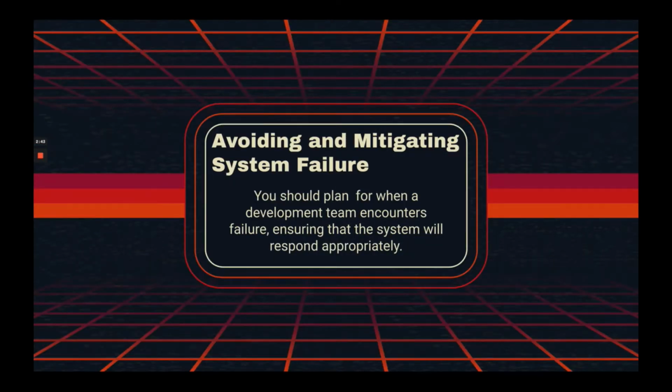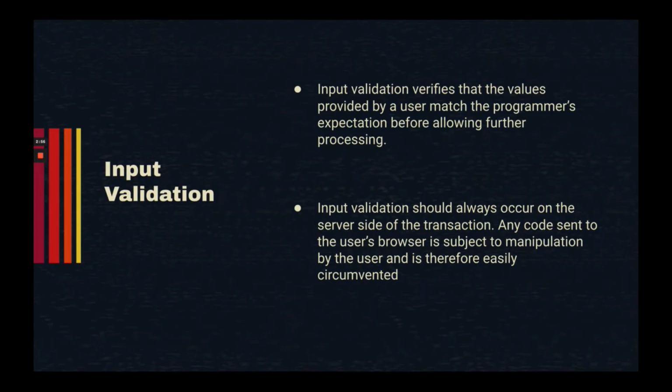Avoiding and mitigating system failure. You should plan for when a development team encounters a failure, ensuring that the system will respond appropriately to that failure. Input validation. Input validation verifies that the values provided by the user match the programmer's expectation before allowing further processing.